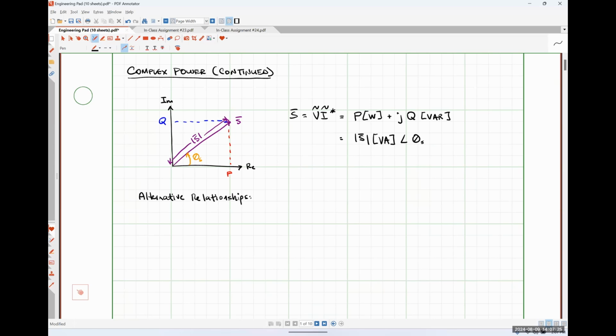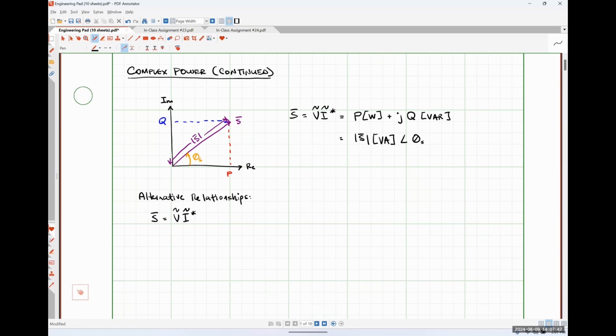So everything that I'm about to do starts with the fundamental basis that complex power is simply the product of RMS phasor voltage times RMS phasor current conjugate.